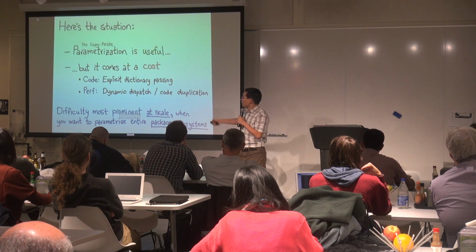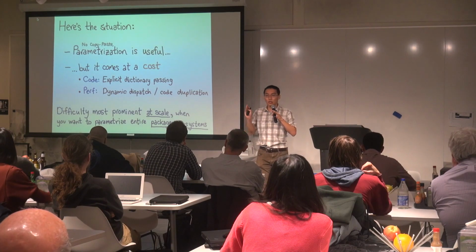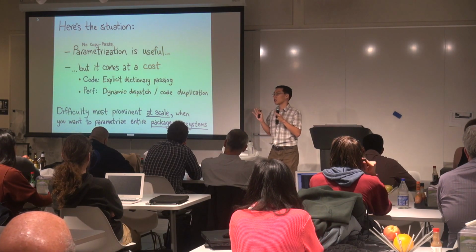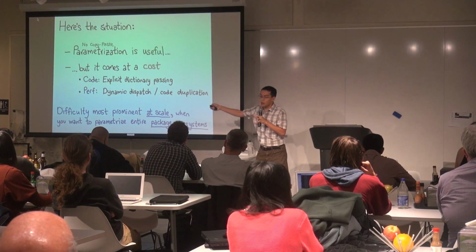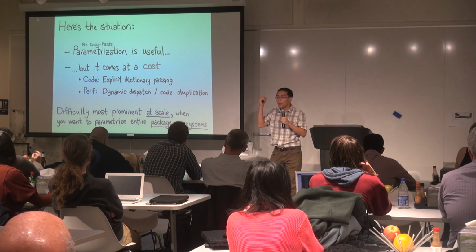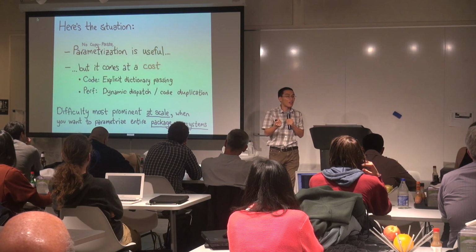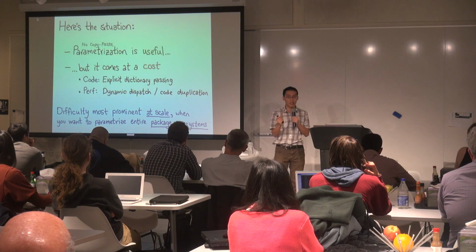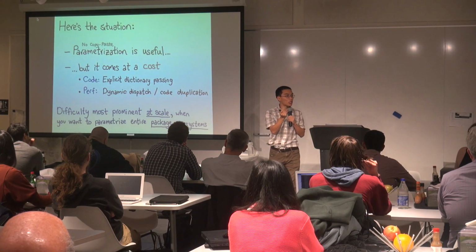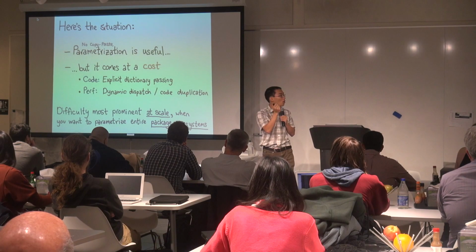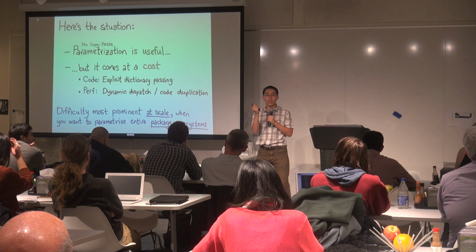So here's the situation, right? If there's nothing else that you take away from this talk, it should be why modularity is useful. The ability to parameterize over implementations, over types, is a really useful capability. But when we look at traditional programming language mechanisms for doing so, we always find that the ability to parameterize comes at a cost.